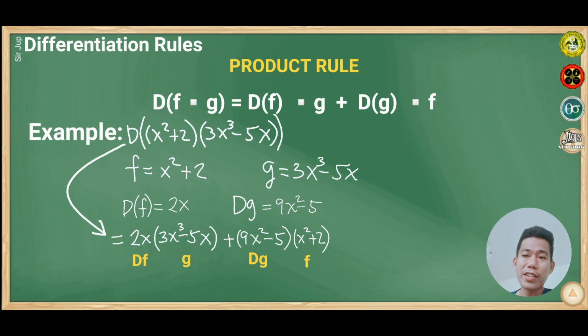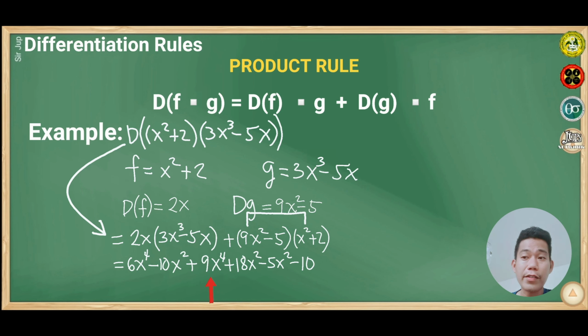So all you have to do is to just distribute. So 2x times 3x cubed, that is 6x to the fourth, minus 2x times negative 5x, that is negative 10x squared, plus 9x squared times x squared, that is 9x to the fourth.